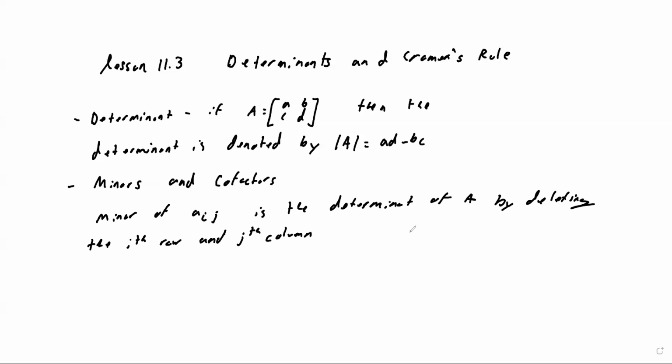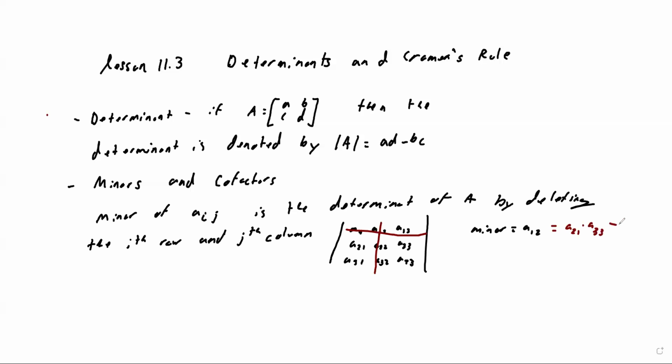Basically meaning, if I have A11, A12, A13, A21, A22, A23, A31, A32, and A33, and I wanted to find the minor of A12, then what I would do is delete row 1, column 2, and then find the determinant: A21 times A33 minus A23 times A31.